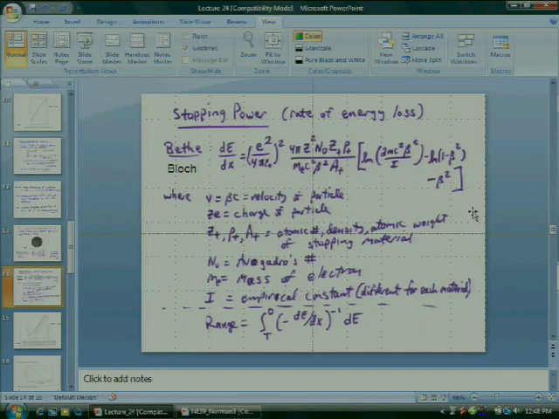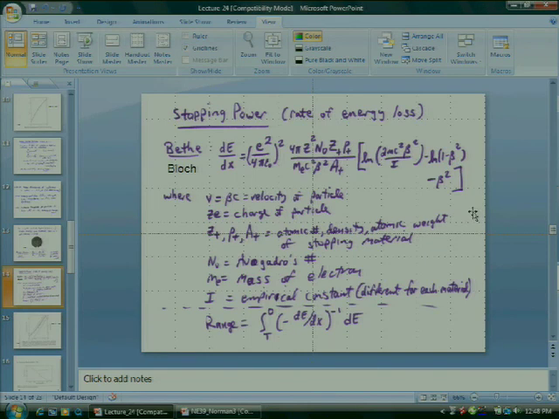If you want to know more quantitatively how to calculate the rate at which a particle loses energy in any material, the formula was worked out in the 1930s by two very bright people, Hans Bethe and Mr. Bloch. And it's called the Bethe-Bloch formula. It's a formula which we're not going to use very much, okay? But the point is to understand the physics here.